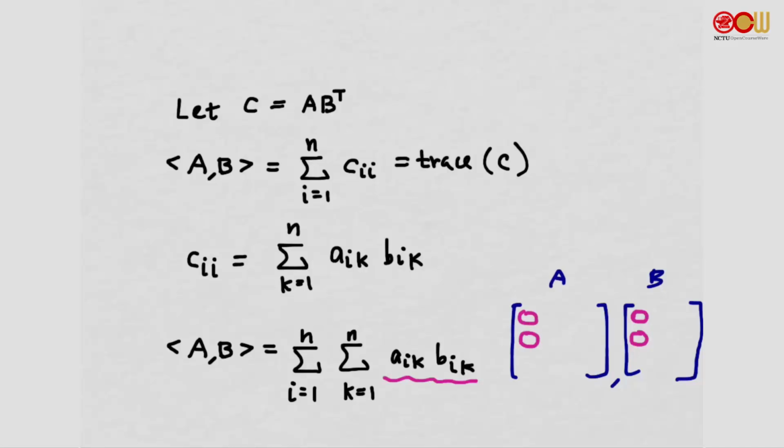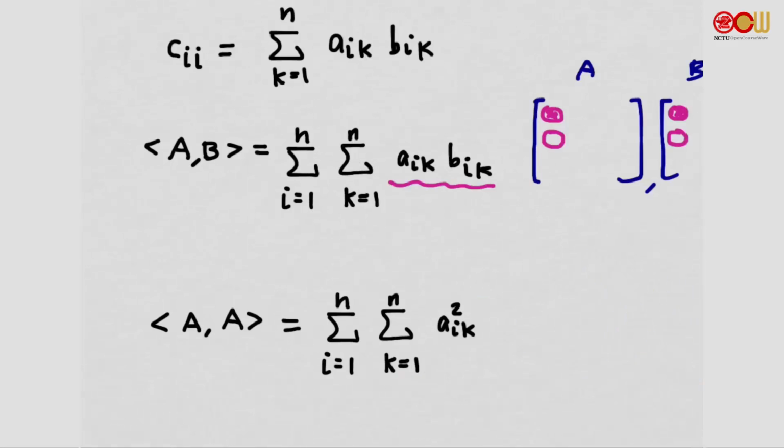So we are multiplying A and B element by element, and then taking the sum. That's what this means. So if we are considering the inner product of A and A, we are basically summing up all the squares of entries of A.